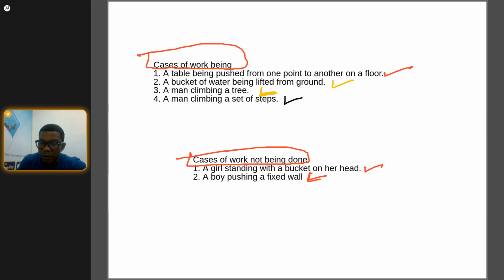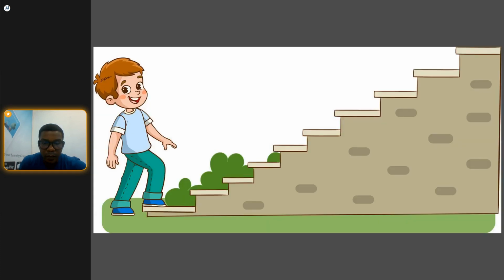Okay, I'm going to give us a picture now. Then I will ask you to tell me whether it is work done or work not being done. Okay, looking at that picture on the screen, is it work done?